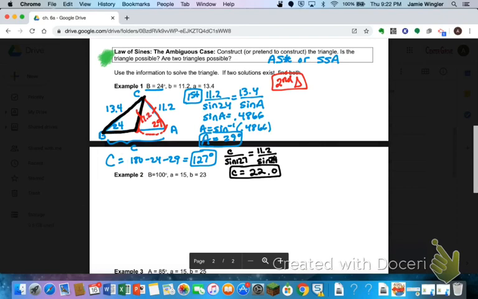Since this is isosceles, this angle right here is 29 degrees, which makes this angle here, which is my new angle A prime, 180 minus 29, which is 151 degrees.